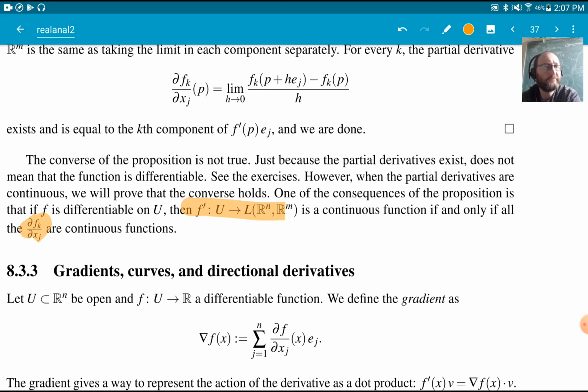That's a consequence of what we've proved. But we'll actually show that if these guys exist and are continuous, then this thing exists and it's continuous. Functions with non-continuous derivatives are somewhat ugly. They exist, we have to deal with them, but yeah.